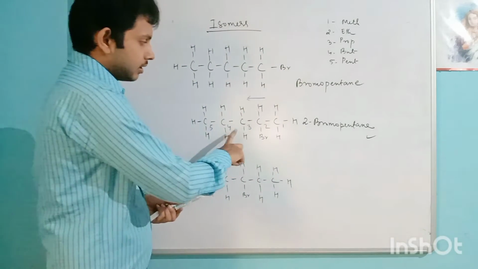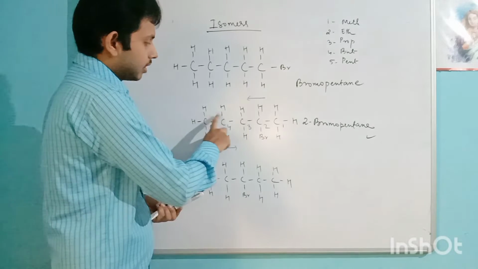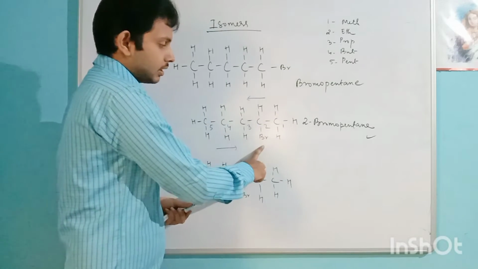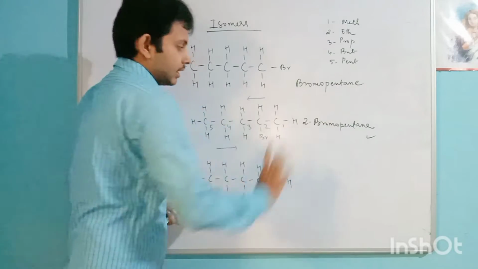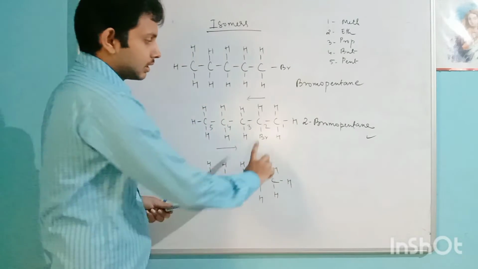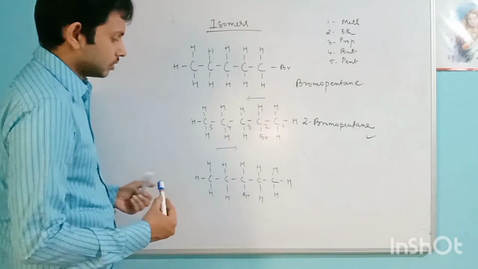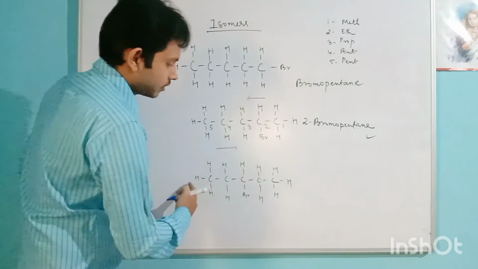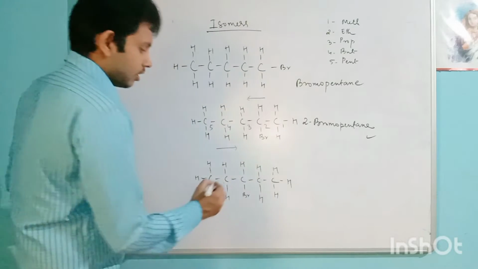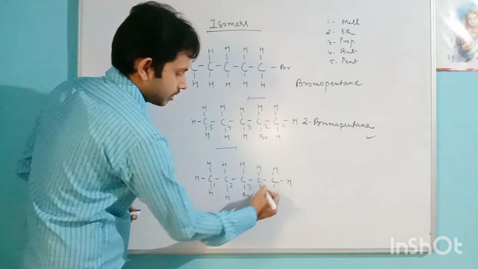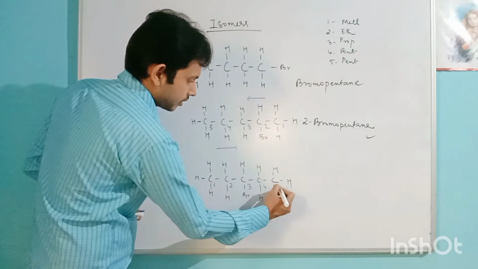If you number from this side, 1, 2, 3, 4, 5, then the name will come 4-bromopentane. That is wrong. This is the correct way. Now the final compound. In this compound, from whichever side you number, you will find that bromine is coming at number 3 only.